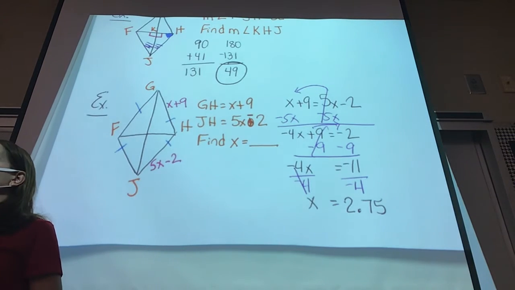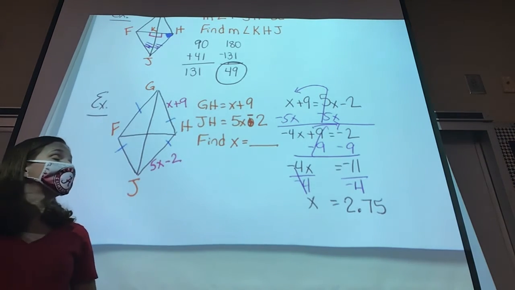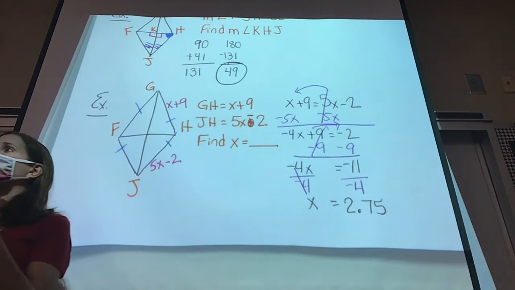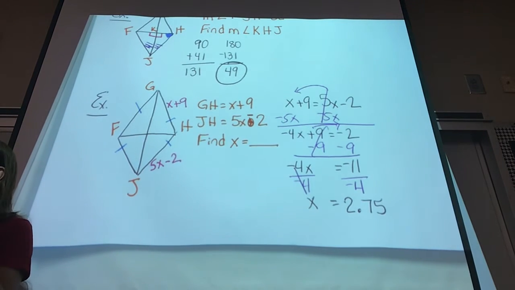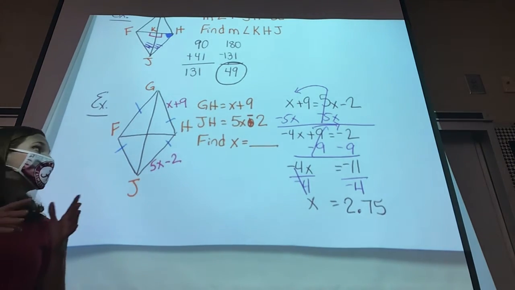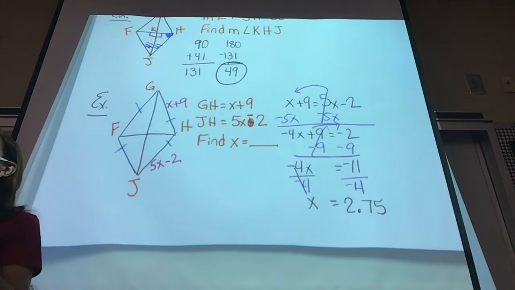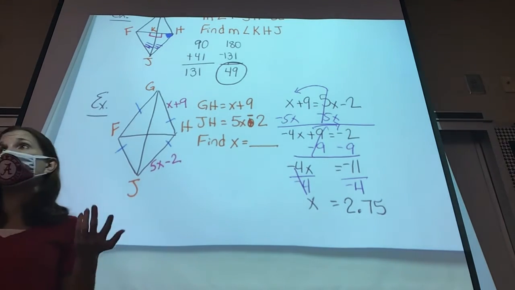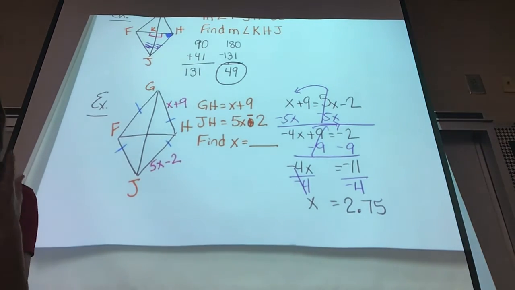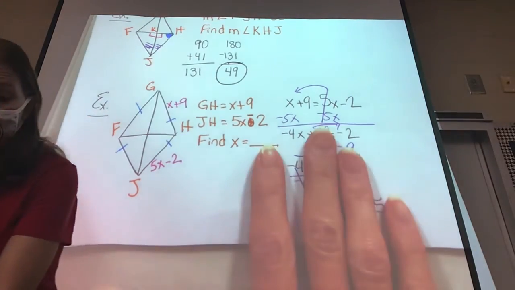Okay, any questions? As long as I know that the angles are exactly the same because they're cut in half, and as long as I know that every side is exactly the same, I should be able to do this. Now that's only for a rhombus. Now I want to do another rhombus and then we should be able to move on to a square real quick.